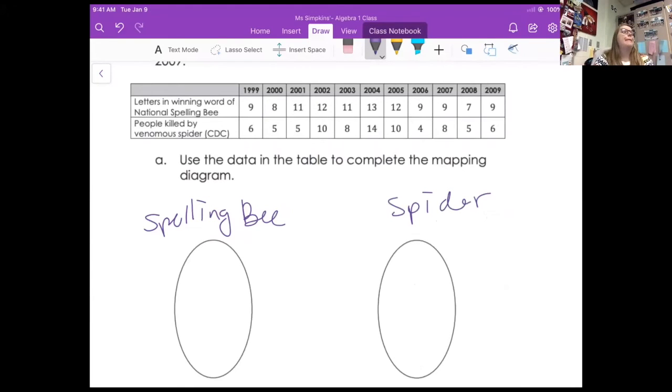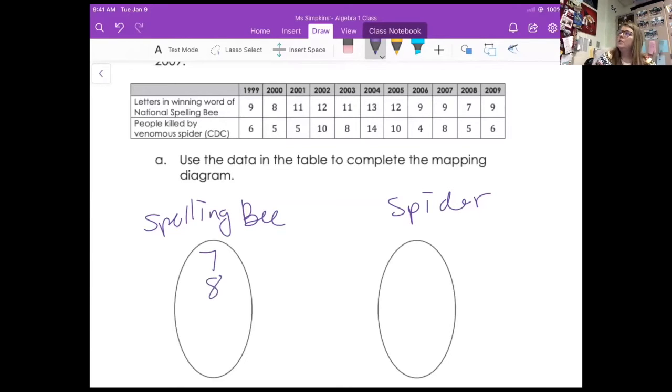When you make a mapping diagram, you're going to list the numbers from least to greatest, and you're not going to repeat. So if we look at spelling bee, the list of spelling bee length, what's the smallest word? How many letters? 7. What's the next smallest? 8.